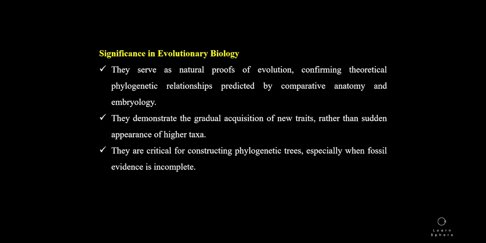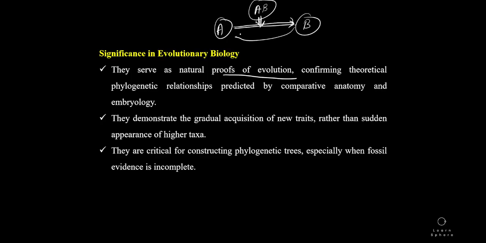Basically, they serve as the natural proofs of evolution. Let us suppose this is species A, this is species B, and this is the connecting link AB. So this connecting link shows that species B evolved from the parental or ancestral form.